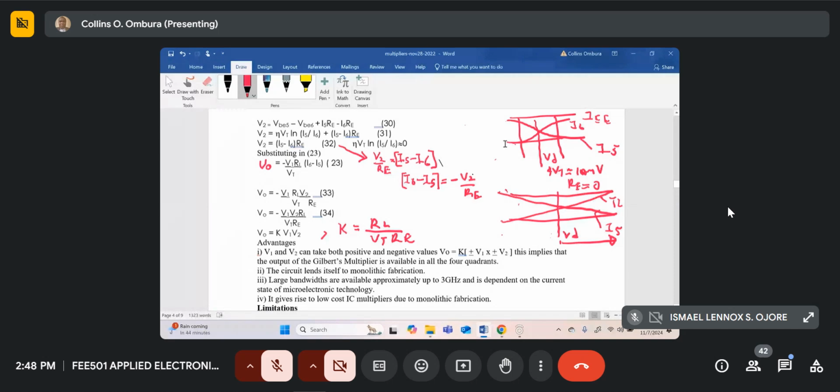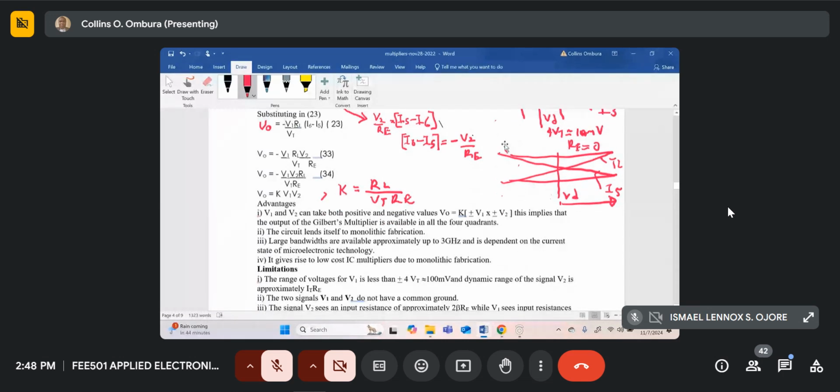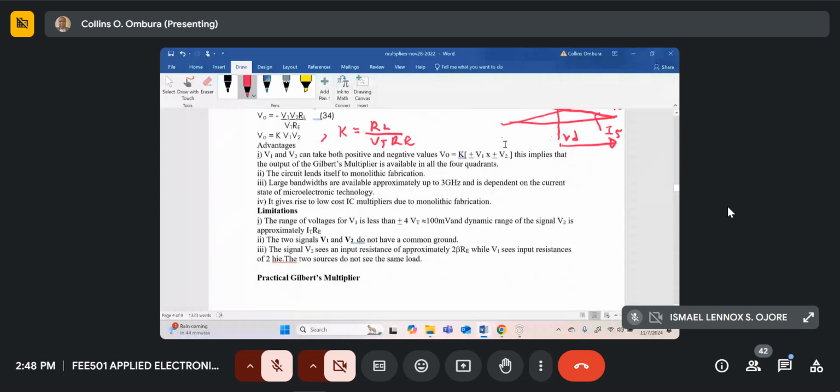Now let's consider the advantages of this Gilbert multiplier cell. For the Gilbert multiplier cell, the signals V1 and V2 can both take positive and negative values.